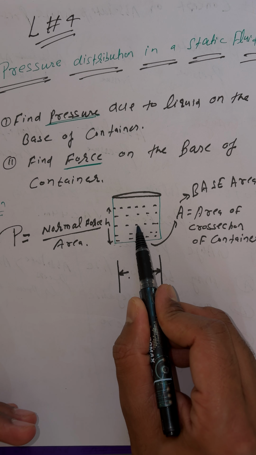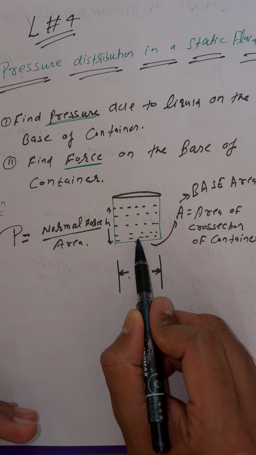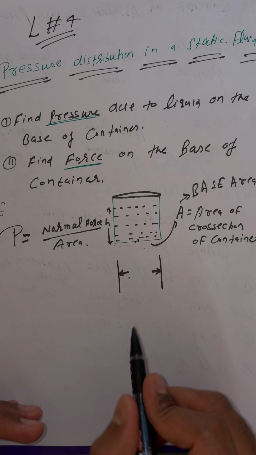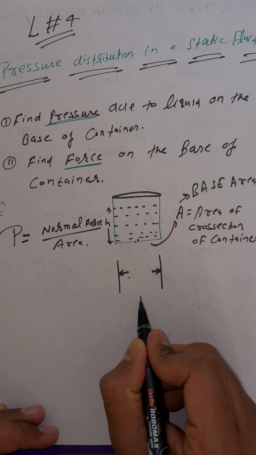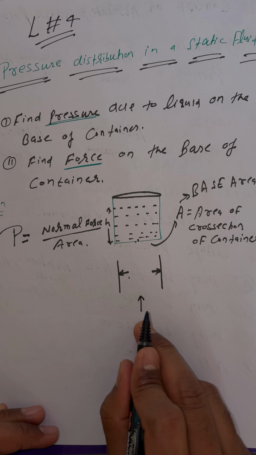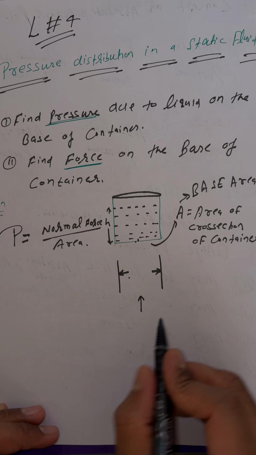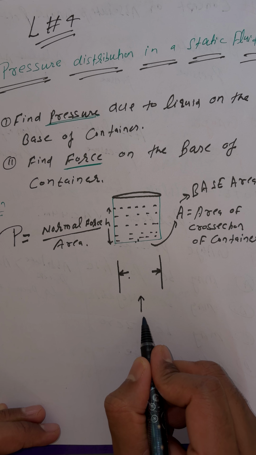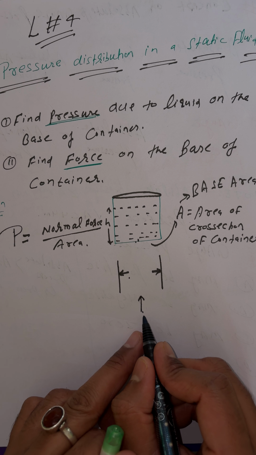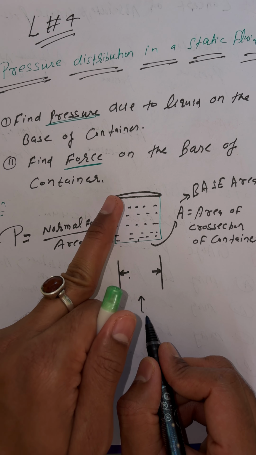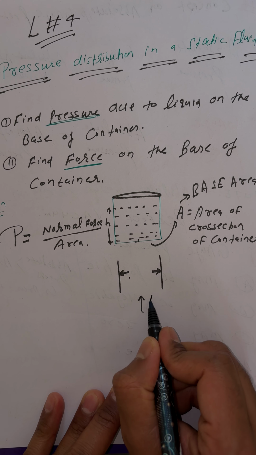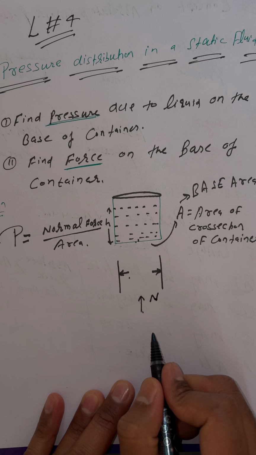Students, you can see this liquid is in contact with the container. Here students, you can write due to this normal acting, we are making the FBD of the fluid. Keep in your mind, this is the FBD of the fluid. So let us suppose this is the container, the liquid touches the container, and due to this normal acts in the upward direction. So my dear, you can see this is normal.